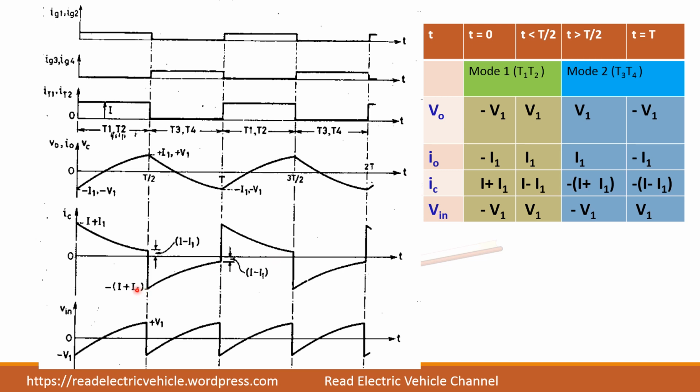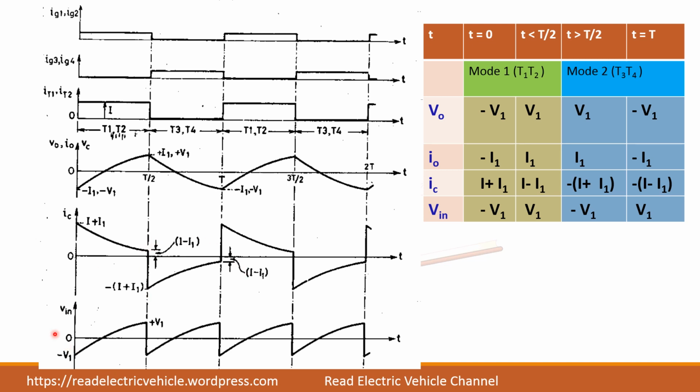So it becomes minus of I plus I1. Again at T, you will get minus of I minus I1. So you can see this parameter is just the reverse of this one, and this one is the reverse of this one. So you can remember like this: this magnitude and this are minus of that one, and similarly this and this are minus.